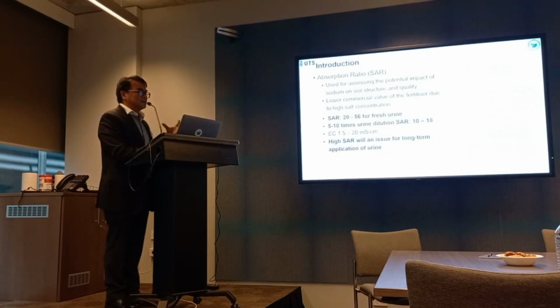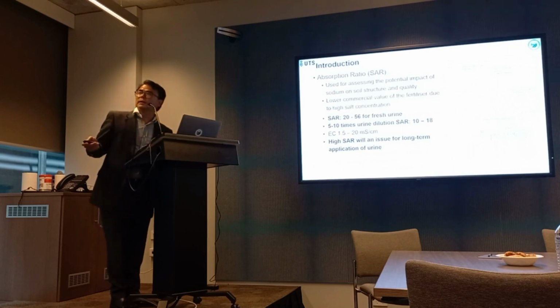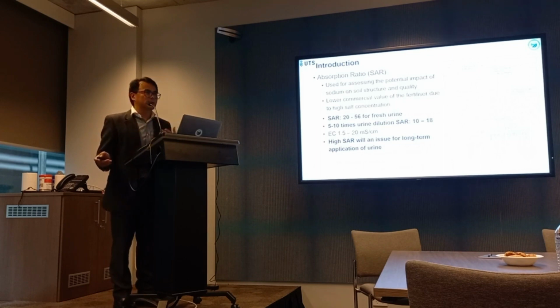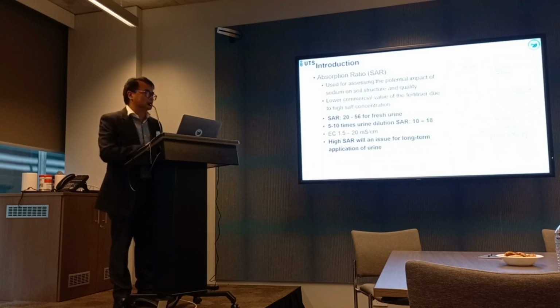If the relative concentration of sodium with respect to calcium and magnesium is on the higher side, and relative to the electrical conductivity of the irrigation water, there is a certain threshold. If it is below this line, it's okay and doesn't really impact the soil. Within it, it has a moderate impact, and anything above that quite significantly damages the soil.